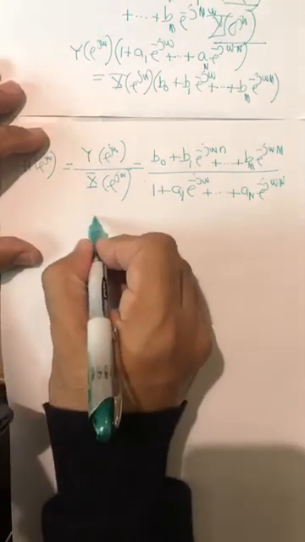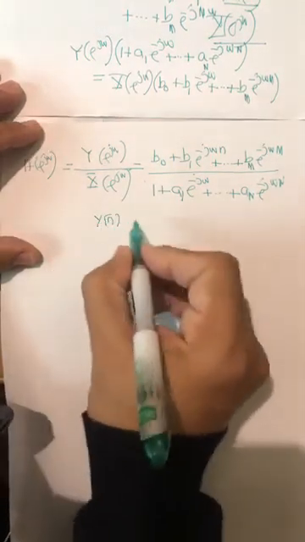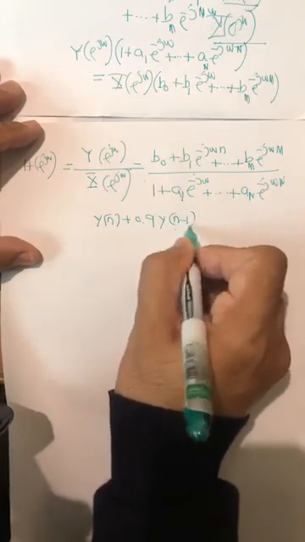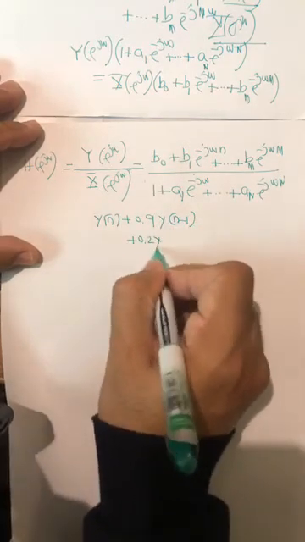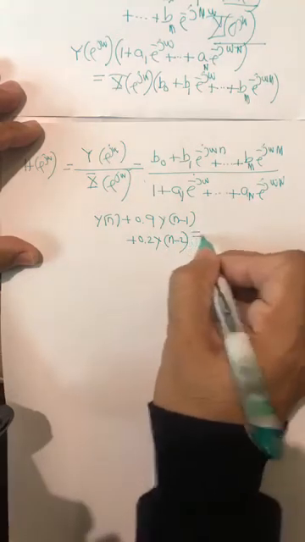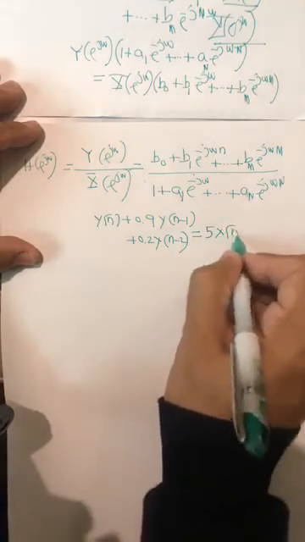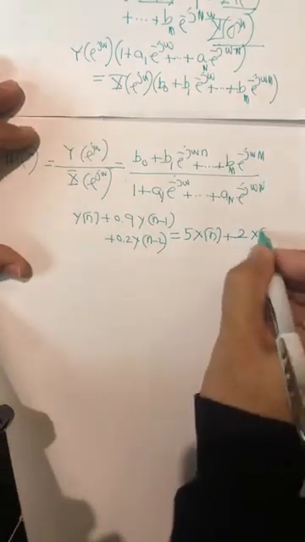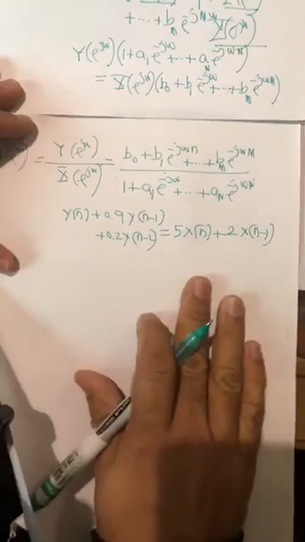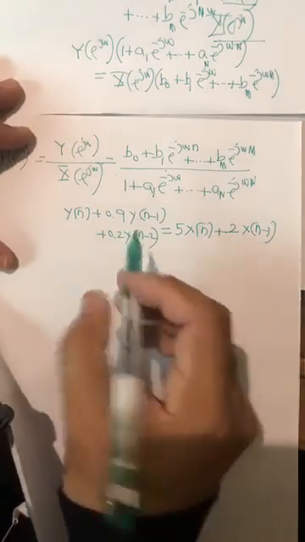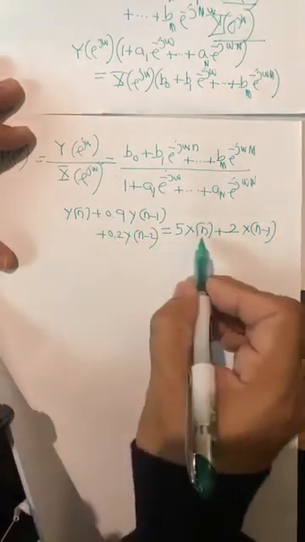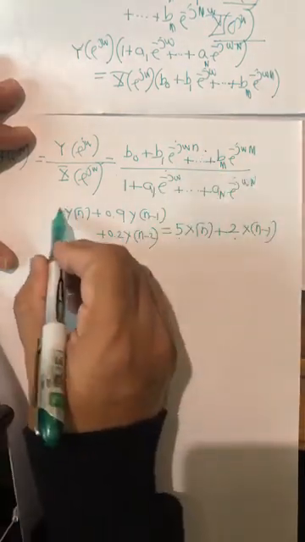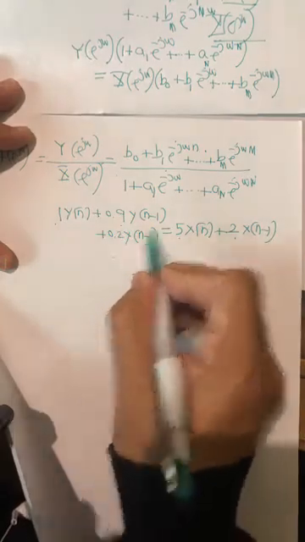Given a difference equation, if I ask you to find H for this, the answer is very simple: the coefficients of x will be in the numerator, and the coefficients of y will be in the denominator.